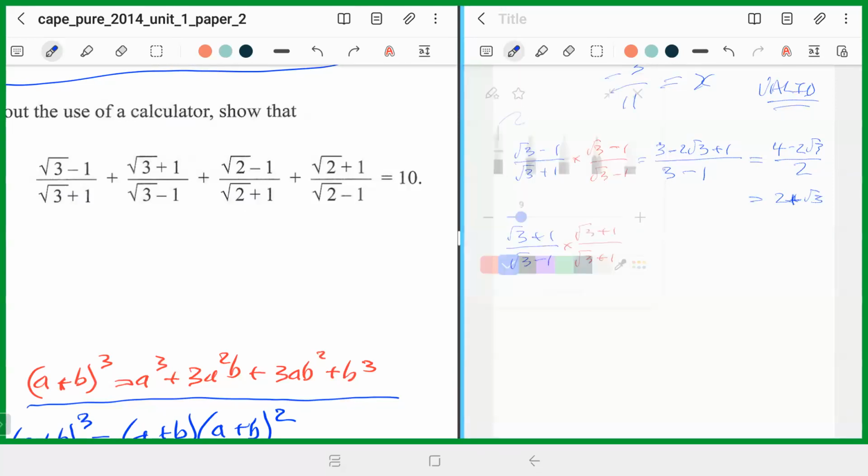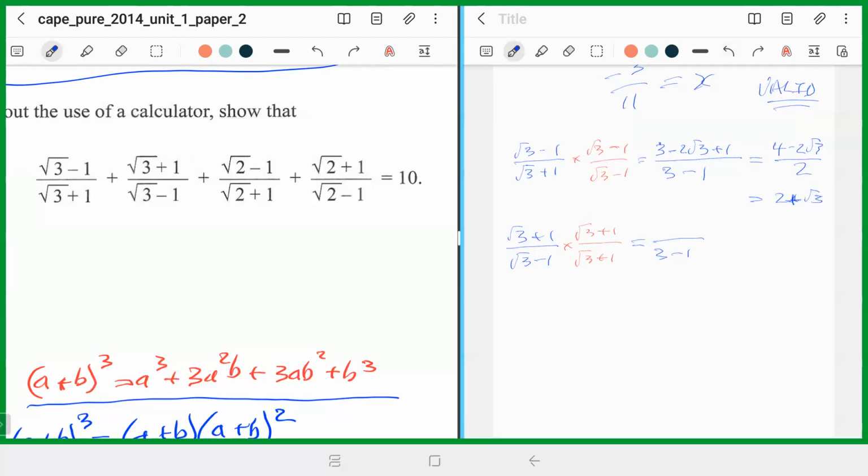Alright, so I'm going to get the denominator, the difference of two squares again. So I still get 3 minus 1 again. The numerator becomes a perfect square again, but with a plus inside of somewhere. See that? Instead of a perfect square with a minus, this is now a perfect square with a plus.